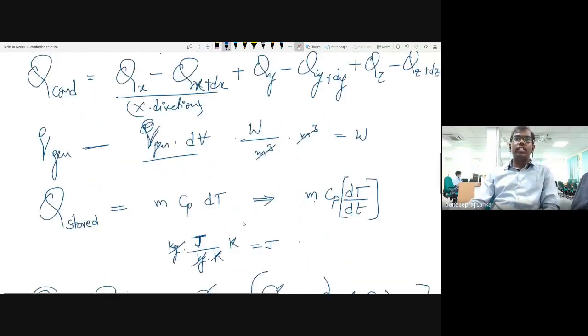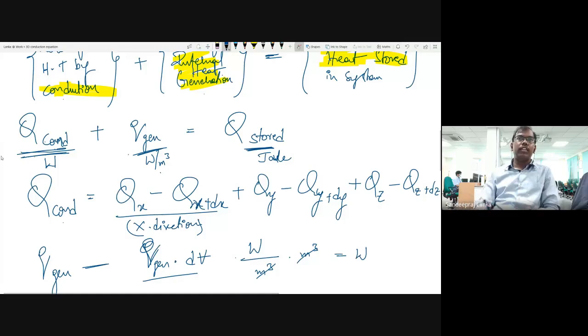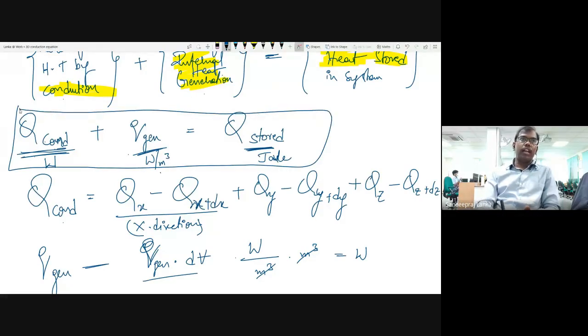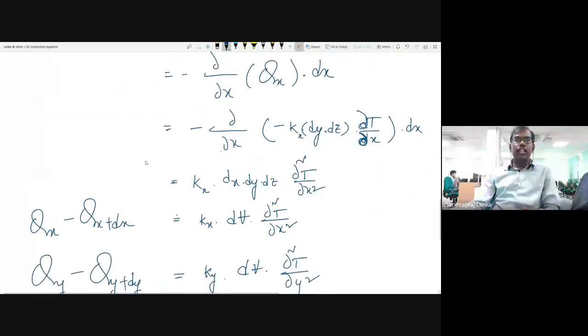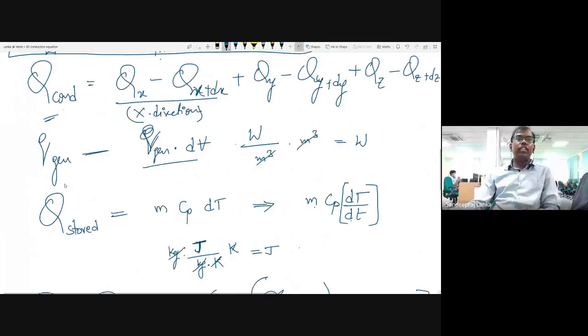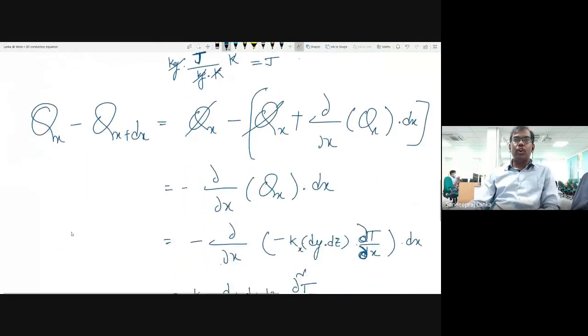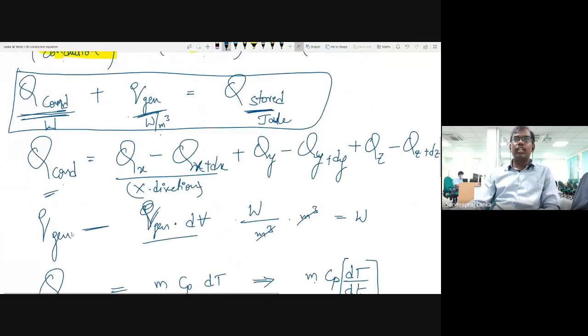So this is your equation here. This is your equation basically. And in this equation you got so many things. You got Q conduction using these three here, and you got Q gen and Q stored. Let us substitute all the equations into this equation.